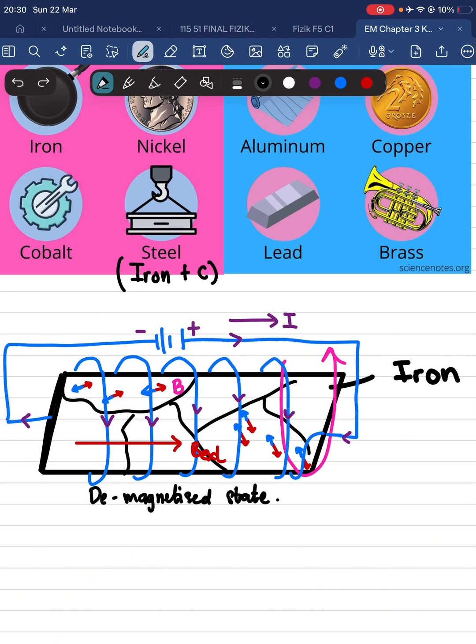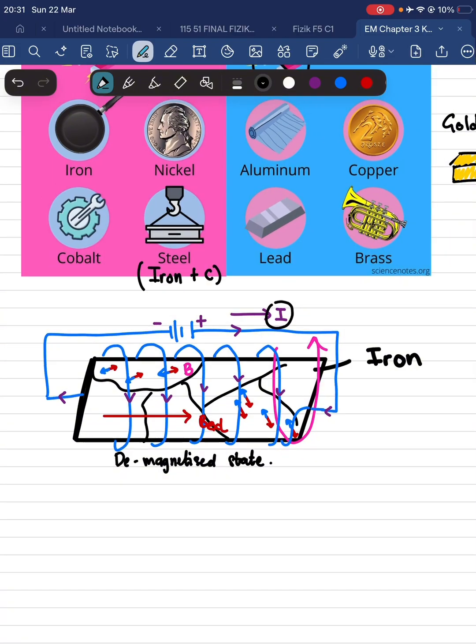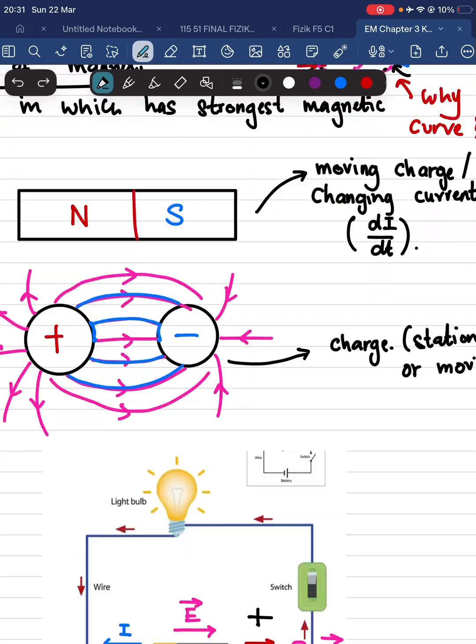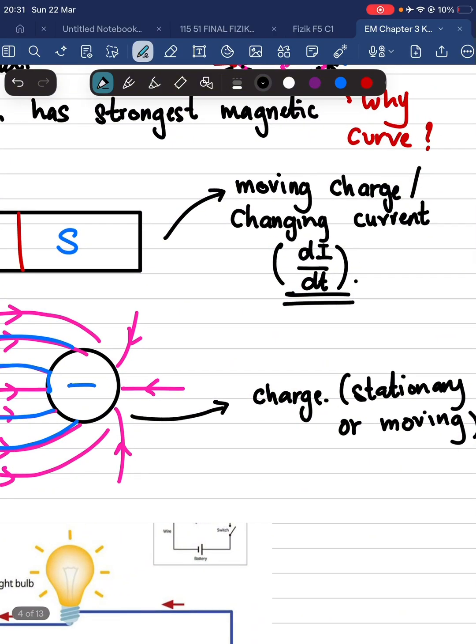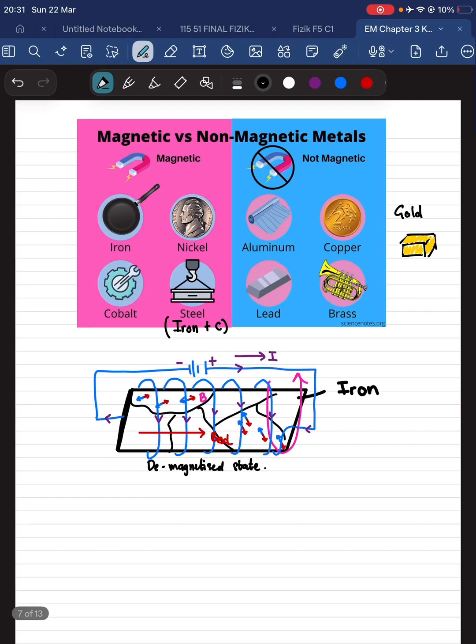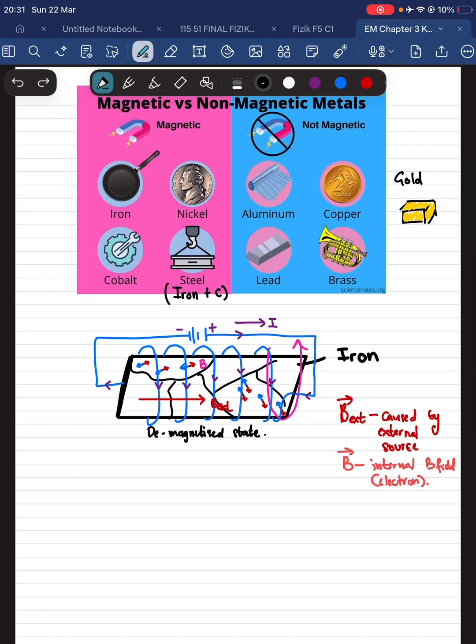Initially, the current is, let's say, constant, but because the current is circulating, you have a changing current, right? That's how I usually understand it. We have a changing current, so this will create a magnetic field. Just remember, just now I said that when we have a changing current, you have a magnetic field, right? Same goes with this.